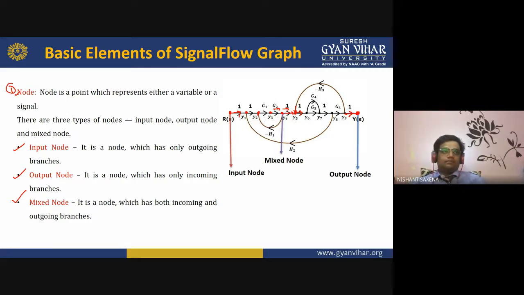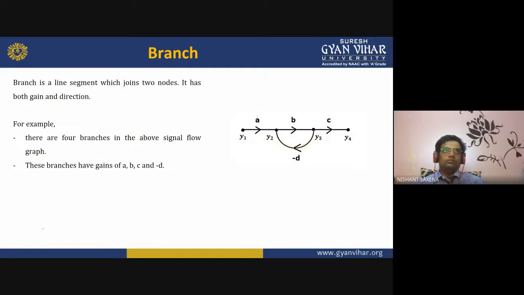Next are branches. What are branches? A branch is a line segment which joins two nodes. For example, look at this. These are two nodes, and these two nodes are joined by a line or a segment. This is called a branch. So in this example, how many branches are there?